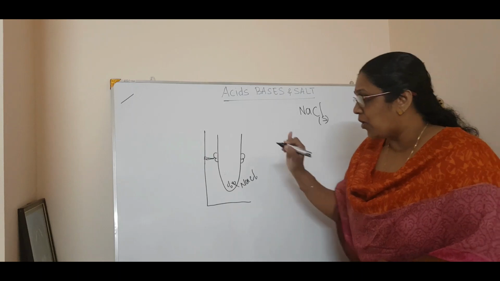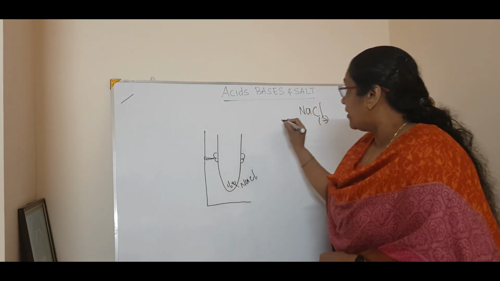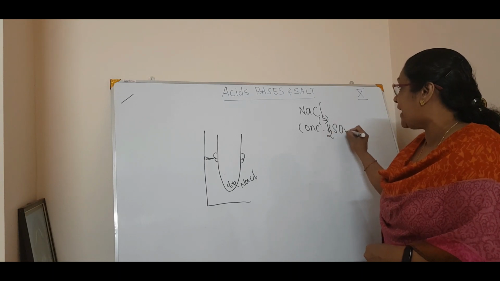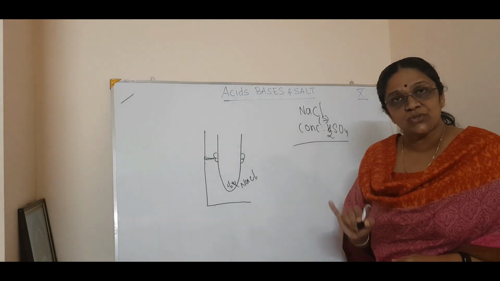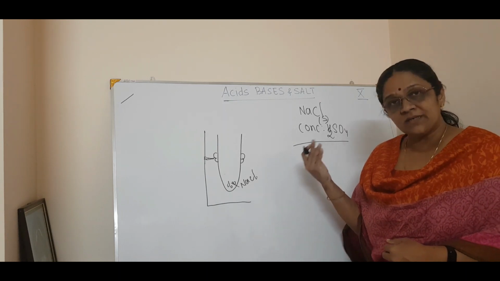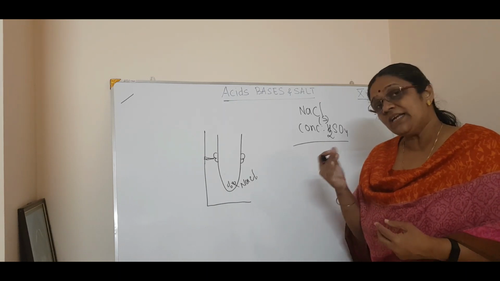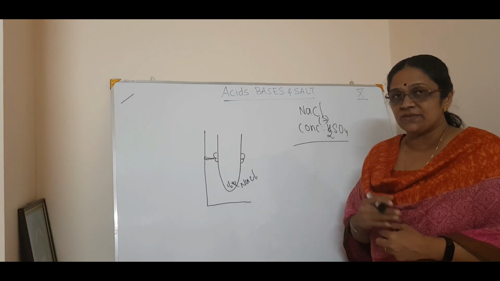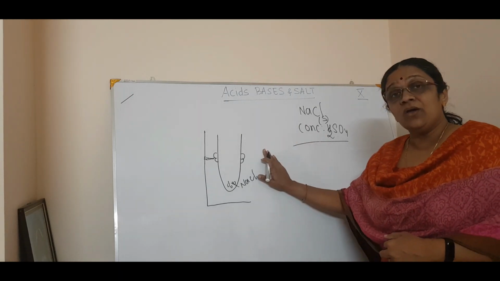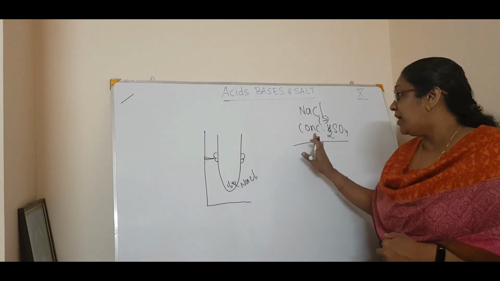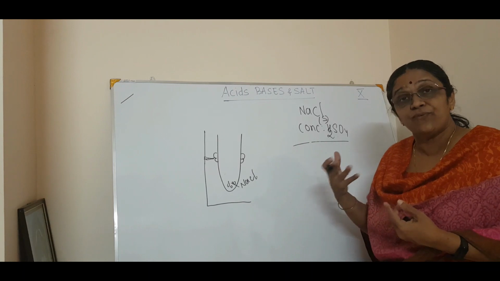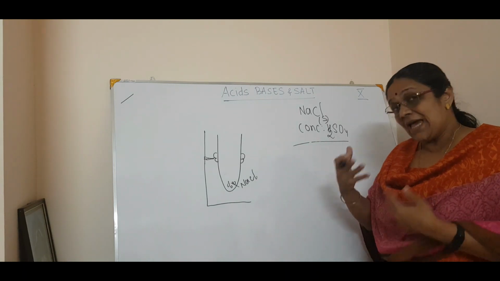Now you add concentrated H2SO4. Concentrated H2SO4 means there are no water molecules in it; when we dilute it, we add water molecules. So while handling this concentrated sulfuric acid in the lab, be very, very attentive, because it is very fuming in nature, so gas will come.